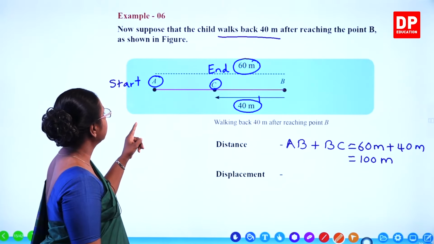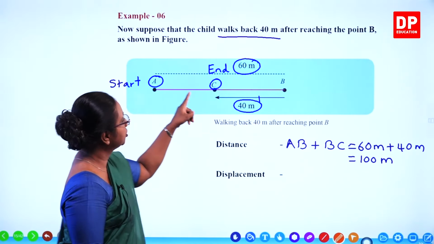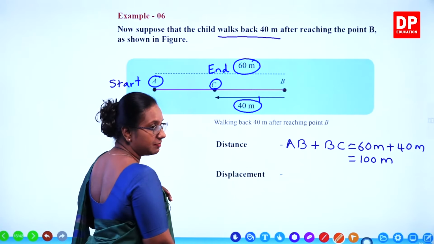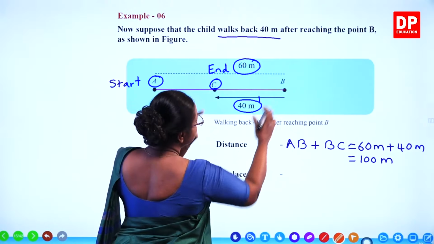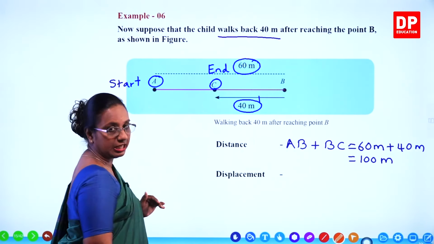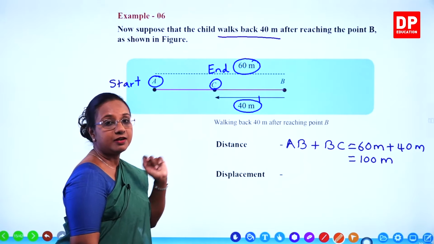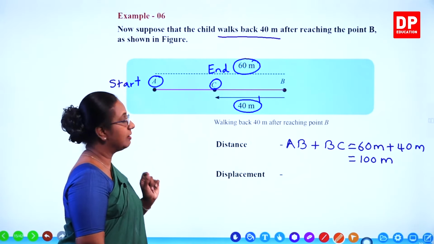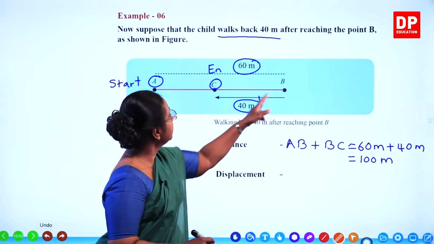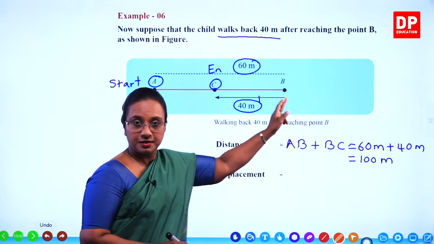We will be considering from point A to point C. We know the full distance 60 meters. We know this distance 40 meters. So the length of A to C will be the difference in the two lengths. So we need to subtract BC from AB.